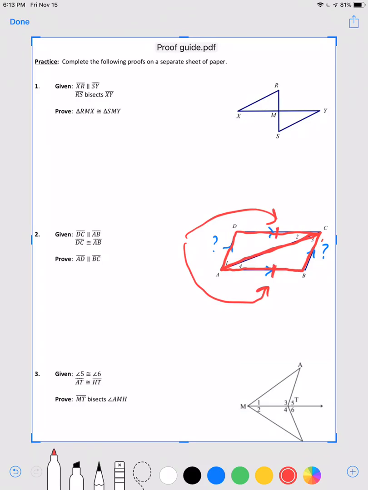Now, we also know that this blue highlighted part is also congruent. And because DC is parallel to AB, that means that this angle 2 here is alternate interior with angle 4.